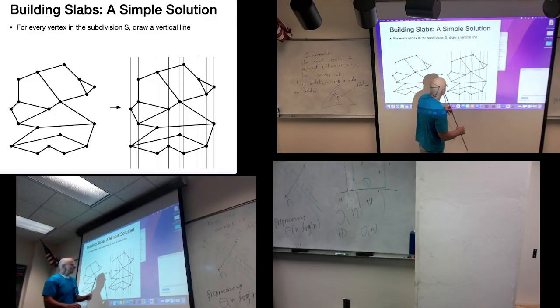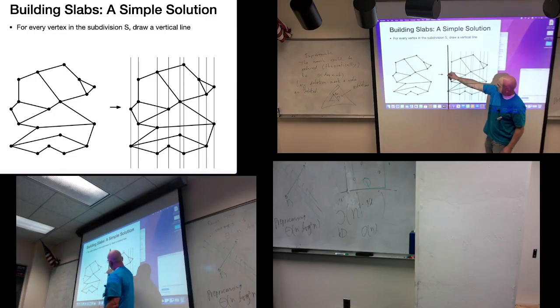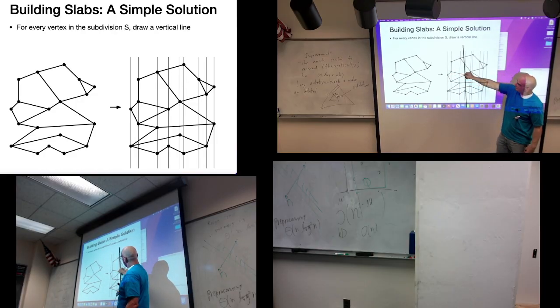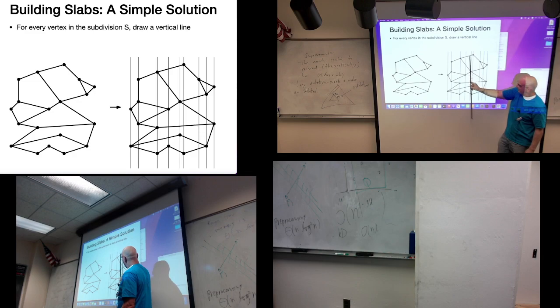Okay. Let's use this idea about the line sweep a bit more. So what I do here in this warm-up exercise is from every vertex, I shoot a line all the way down, all the way up, from infinity to infinity. And I do it from each and every vertex.